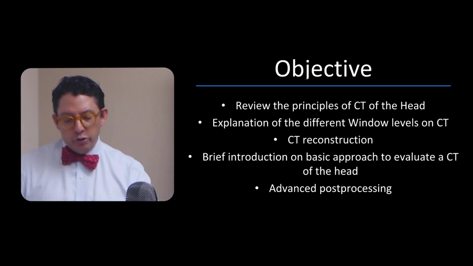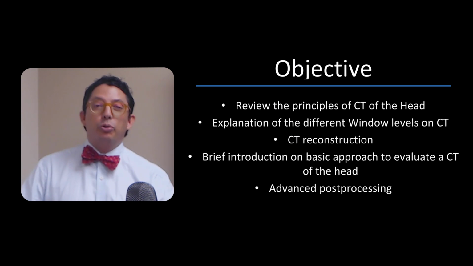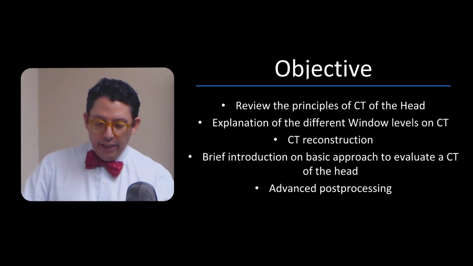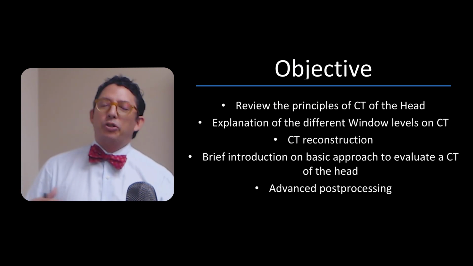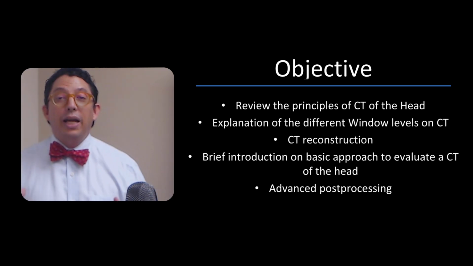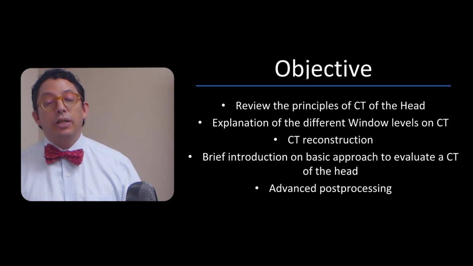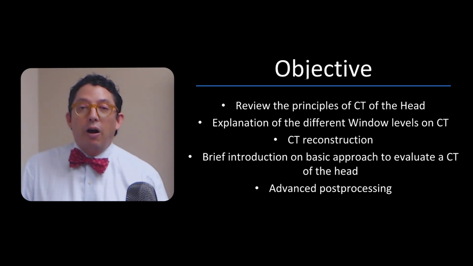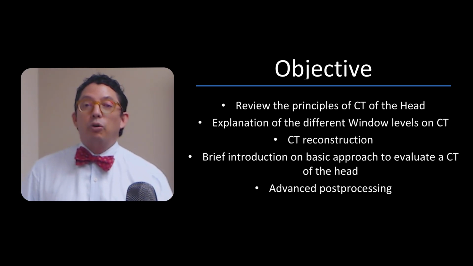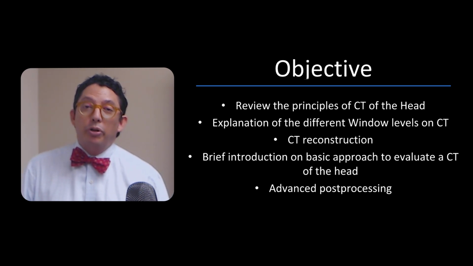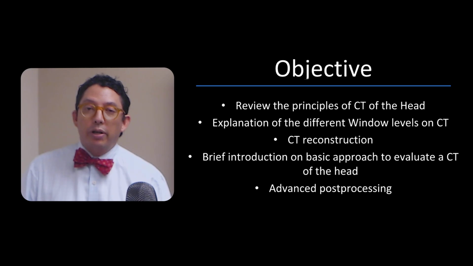We're going to do a brief introduction on the basic approach and how to evaluate a CT of the head. And then we're going to just mention advanced post-processing, which has a lecture of its own. We actually have a whole center dedicated here in our hospital to doing volumetric and quantitative images based on neuroimaging, and CT is a huge component of that.